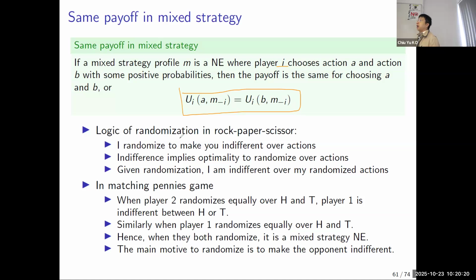In the mixed strategy equilibrium of rock, paper, scissors, I'm randomizing because I don't care, because the opponent doesn't care, right? But symmetrically, I'm also randomizing to make them not care. So that is why the equilibrium exists. It's because I don't care, regardless of what you do.